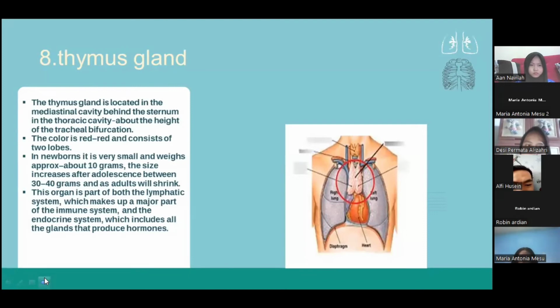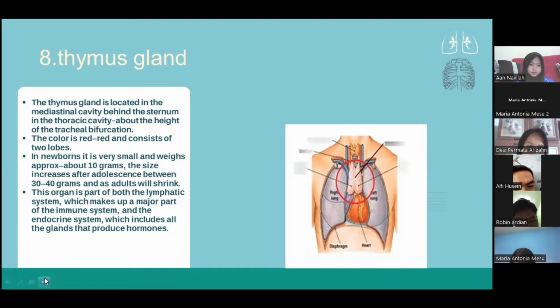Next, the thymus gland. The thymus gland is located in the mediastinal cavity behind the sternum in the thoracic cavity. Its color is red and it consists of two lobes. It is small and grows larger until adolescence, and shrinks in adulthood.